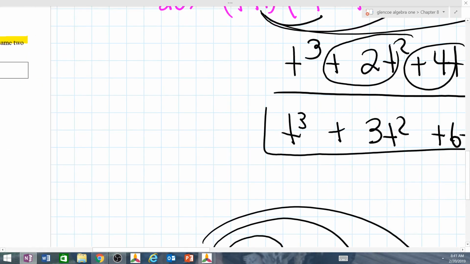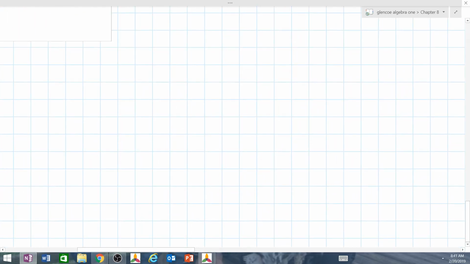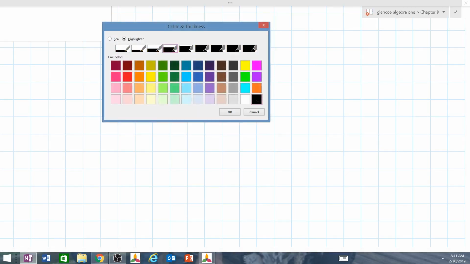Okay, so let's go ahead and see what happens when we have the product of a sum and difference, or the difference of two squares, as you'll commonly hear it referred to in upper level classes.